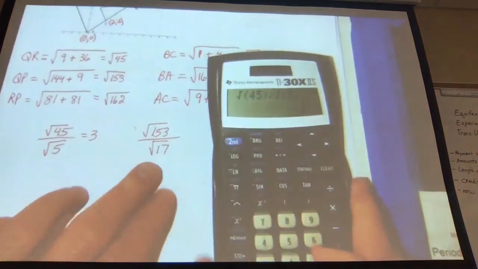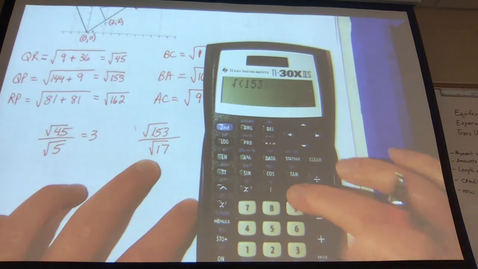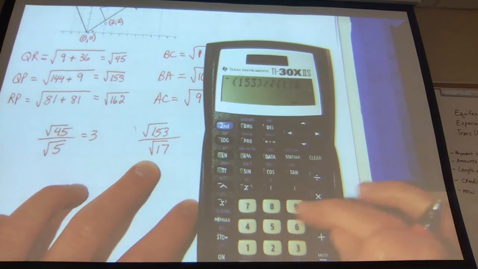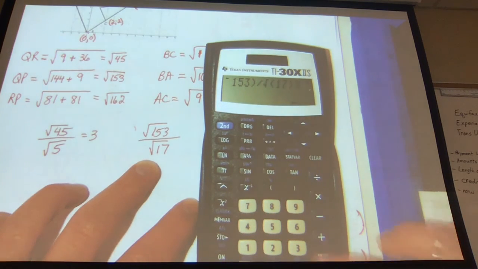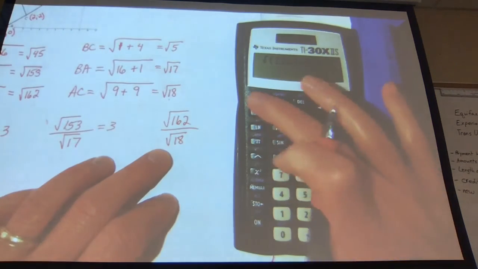I'm going to do it for the other two also. Square root of 153. Close off that parentheses. Divide it by the square root of 17. When I hit that, I also get 3. And then this one, square root of 162.